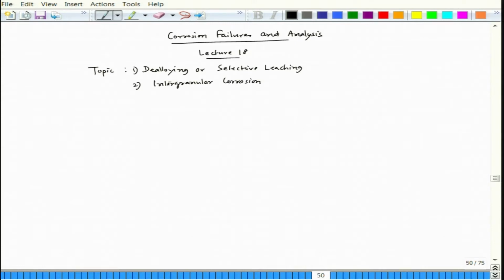Now, if you recall our previous lecture, lecture 17, we started talking about some of the examples we have seen in case of silver zinc system. We have seen the example in case of nickel zinc system.